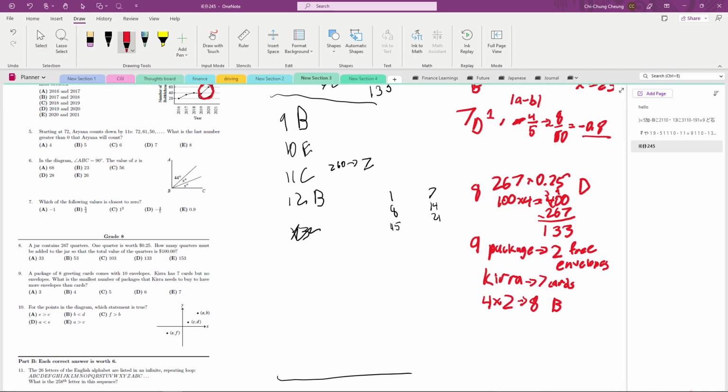Let me just write over here. Anyways, and then 10, which of the statements is true? So you see how these points are like this?